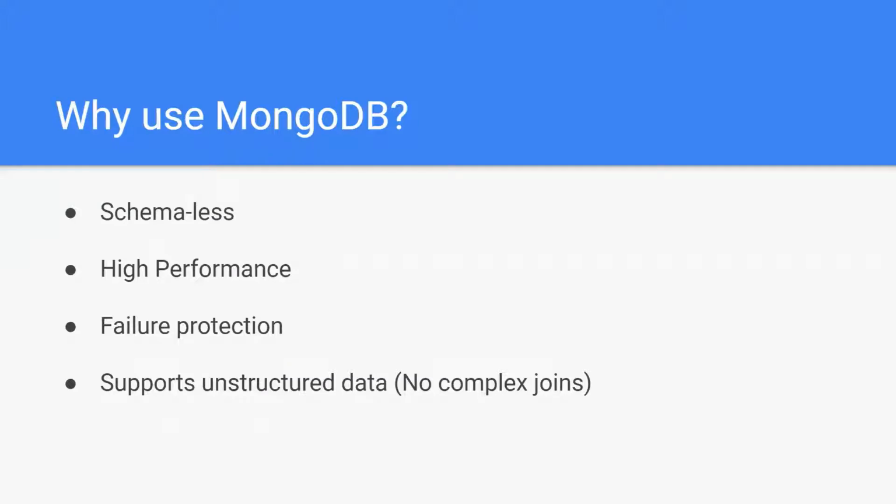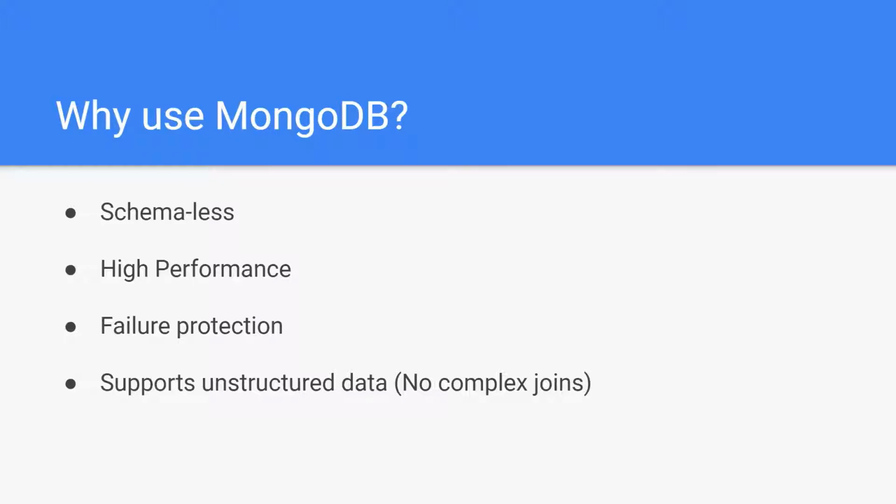So let's look at why we use MongoDB and why MongoDB is so popular. First, it's schema-less. What does that mean? So MongoDB, in contrast to the relational database management systems, is a schemaless database. So in relational database management systems, you have an architecture where the data is stored in different tables, and these tables are connected through some relations.